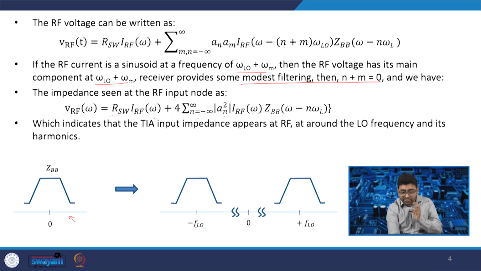So this indicates that the TIA input impedance appears at RF, around the LO frequency and its harmonics. It also appears at its harmonics, but the amplitude is highest at FLO. So this is how we can use this multiphase passive mixer as a filter also.